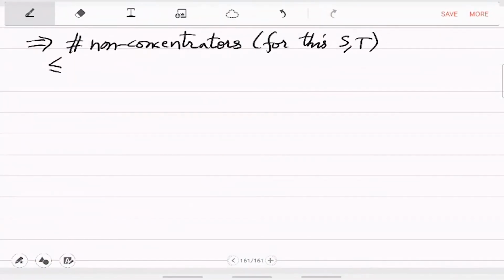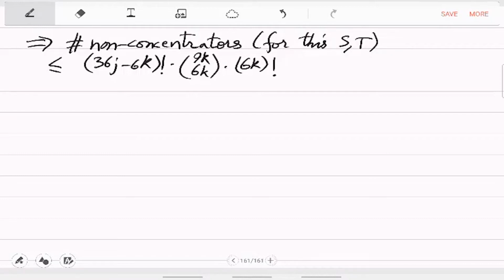So 36j minus 6k you can permute as you wish. Only for this 6k you have to map them to the 9k ones. So that is how many options? So out of 9k choose 6k and then you can permute them. So 6k factorial. This very lazy count actually gets strictly smaller than.